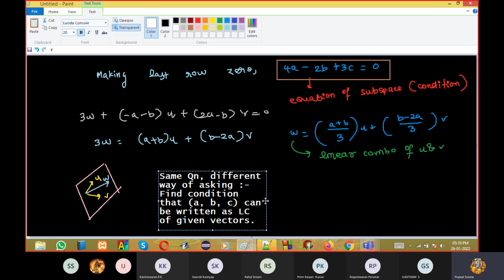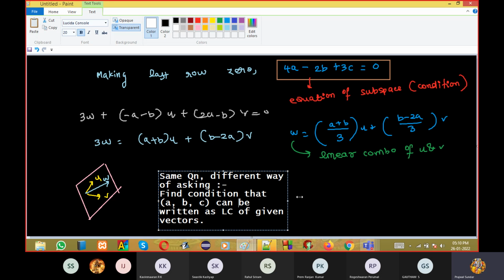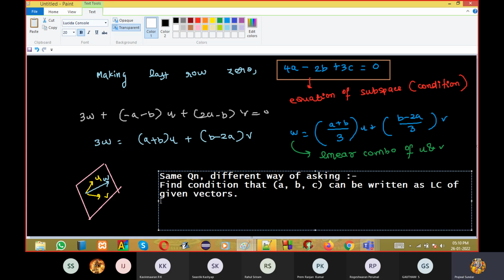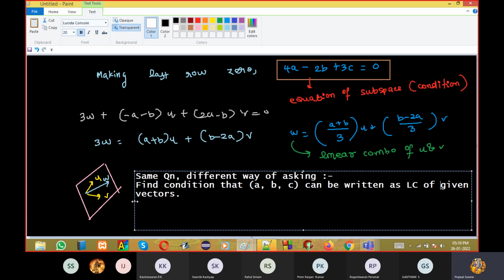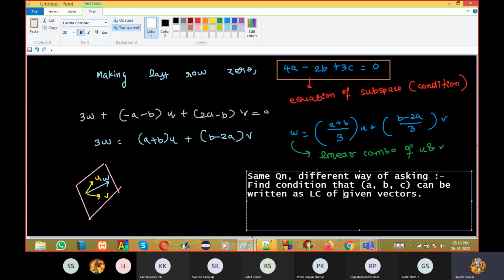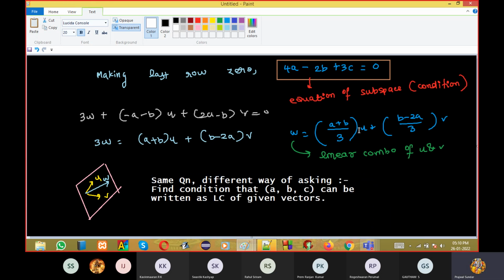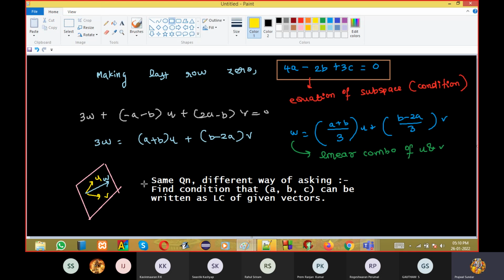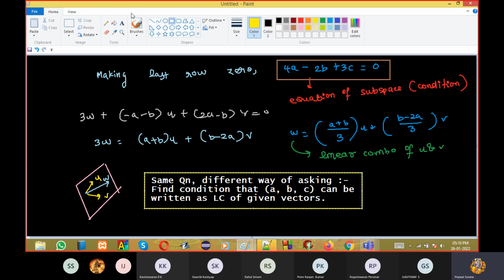Exact same question, but asked a different way. If they ask like this, you will do the same thing, and you will just ensure that the dimension does not change. Any doubt on this question? This is the penultimate question. After this, we'll do one more question and then wind up at 5:15 and leave. Any doubt on this? And I can say that a linear combination is written like this. This is a linear combination.